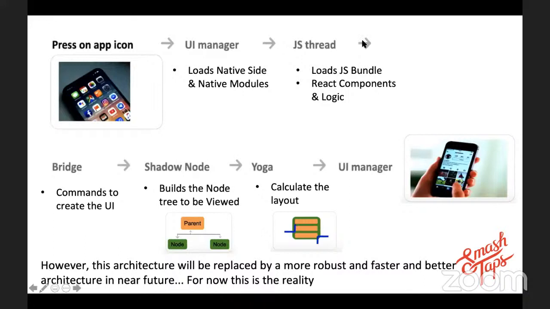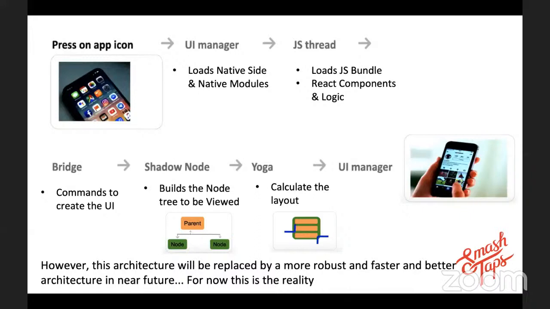This is what happens when you press the app icon. If you press the app icon, you go to the native manager. Then it loads the native side and the native module. When I say native side, it means the host machine: if you're using Android, Java code, and if you're using iOS, Swift or Objective-C code.